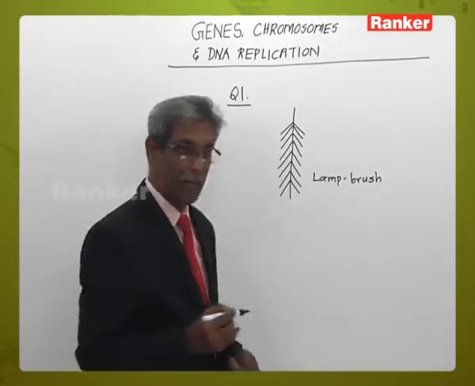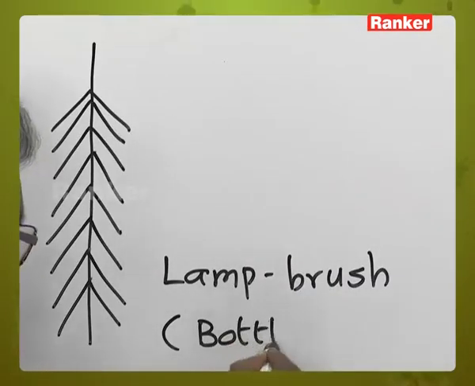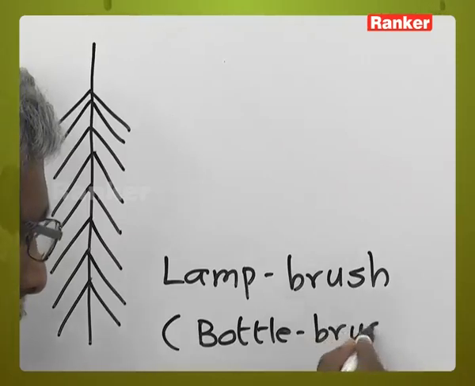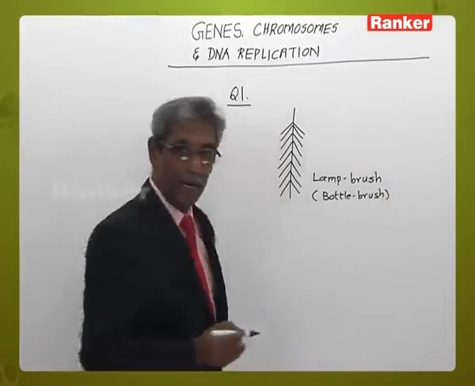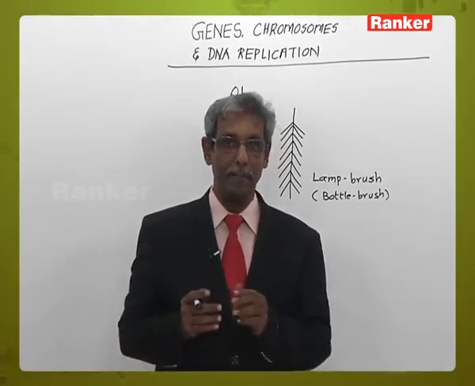So, a typical lampbrush chromosome is analogous to a bottle brush, and it is an indication of specialized activity of the chromatin material.